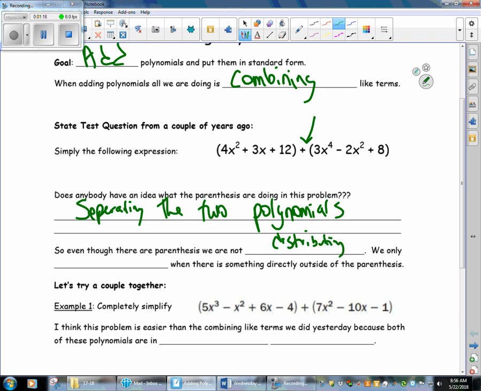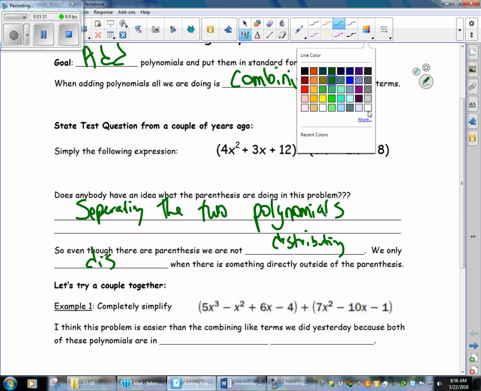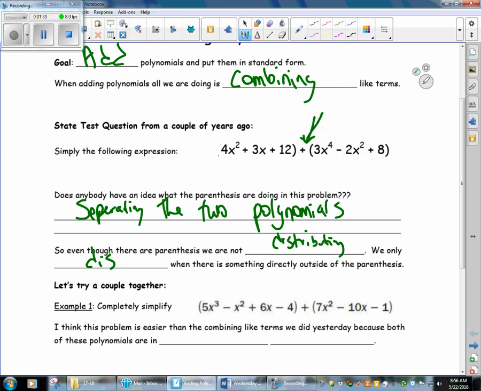We only distribute, I'm just going to put DIS, when there's something right outside the parentheses, like a 5 or something like that right there. Notice how there's only a plus sign right outside, so you're not going to distribute here. So really, all that this is, it's a problem just like yesterday. The parentheses really aren't even necessary. Like, I could get rid of them, just like that.